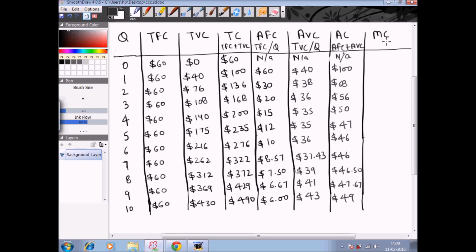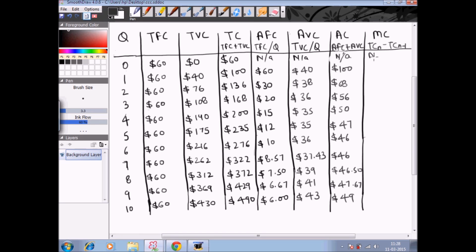What about the marginal cost? Marginal cost, again we calculate by subtracting total cost of producing n minus 1 unit from total cost of producing n units. Now here in this column, let's see what is the total cost of producing n minus 1 unit. Total cost of producing n minus 1 unit is 60 and total cost of producing n units is 100. So we get marginal cost of producing 1 unit by subtracting 60 from 100.